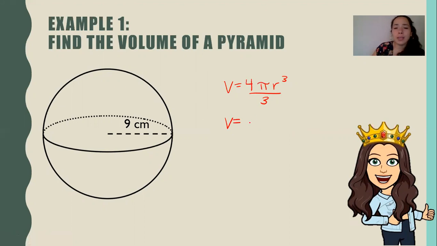So let's start plugging things in. The 4 stays the same. What does the pi stand for? Pi symbol? What's the number for pi? Kenneth? The number for pi, yes.